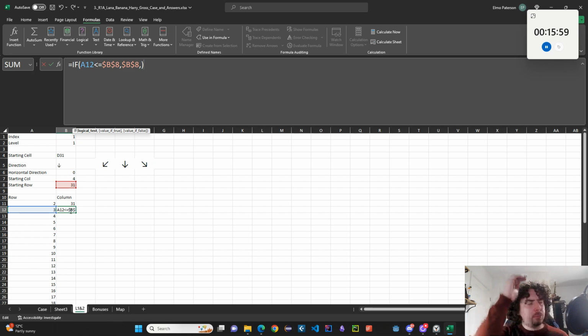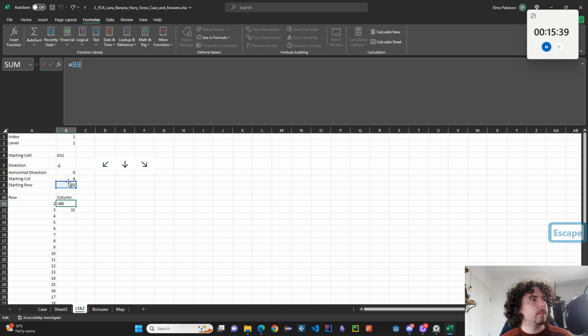So I was just going to do this as one big column, but now I'm thinking because we're not actually moving left and right until we hit where we actually start, we need to be clever about this. That should be the column anyway. Okay, so if the row is less than or equal to the starting row, then it's a starting column.